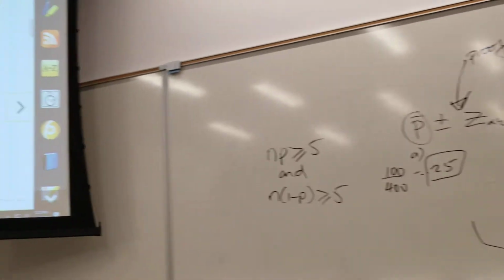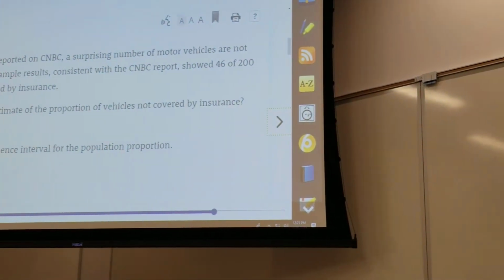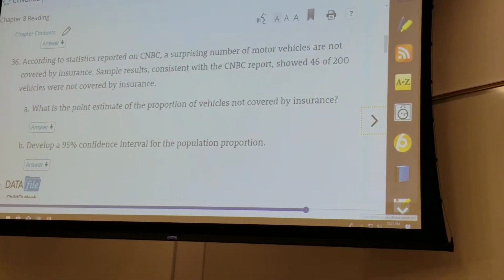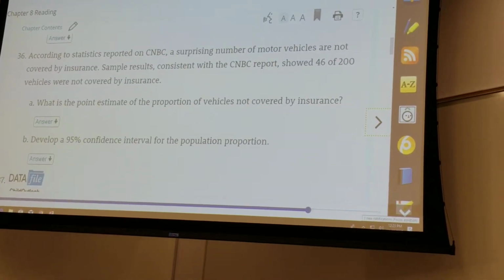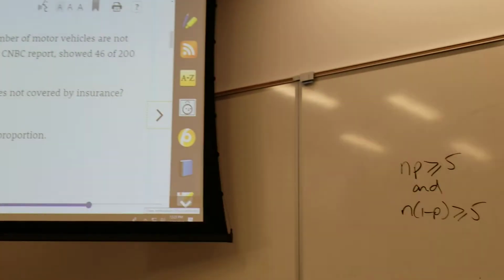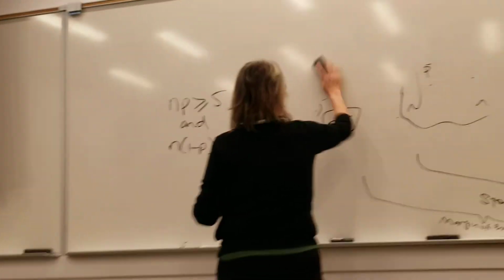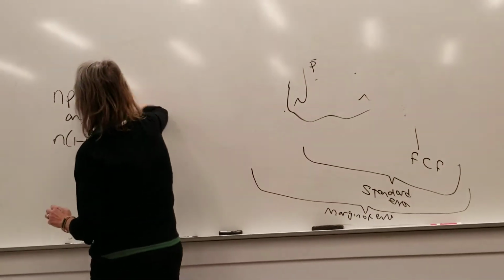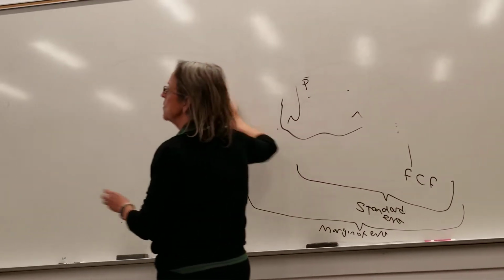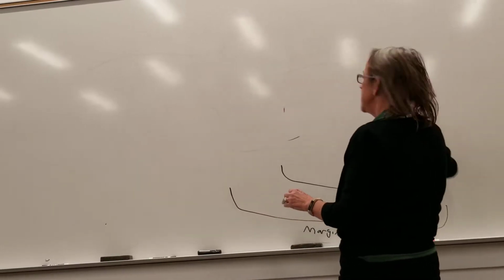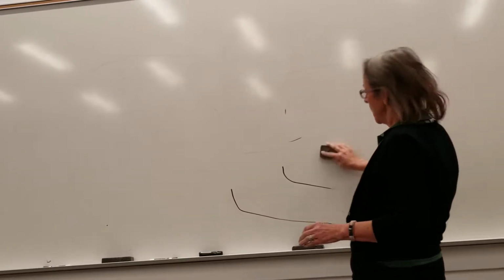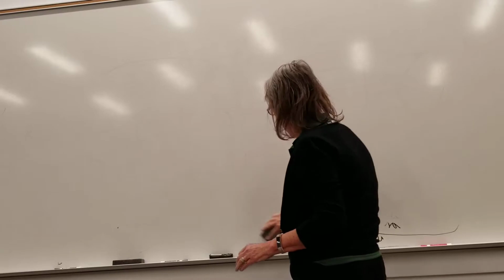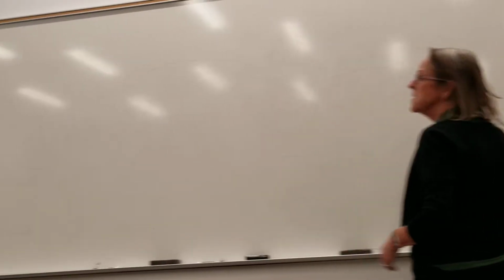I don't think it is a homework question. So this is your next question. This is more of a story problem. And oh, I'm actually adding and changing it. I like the story better because the numbers are nicer, but I want more parts to it. So it says, according to statistics reported on CNBC, a surprising number of motor vehicles are not covered by insurance.